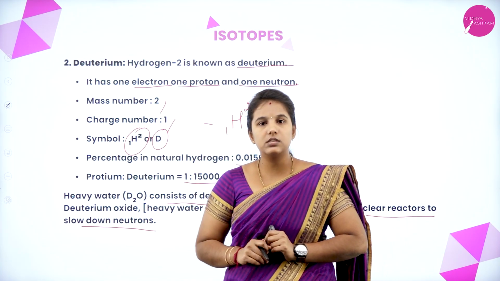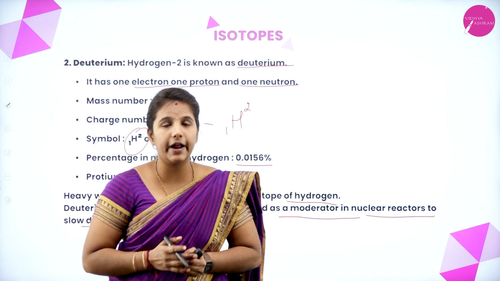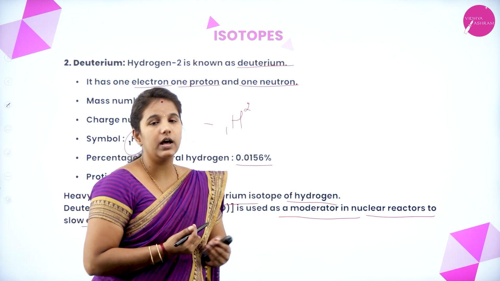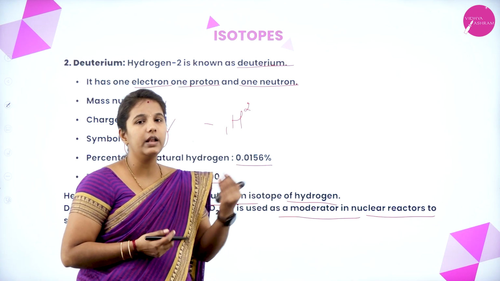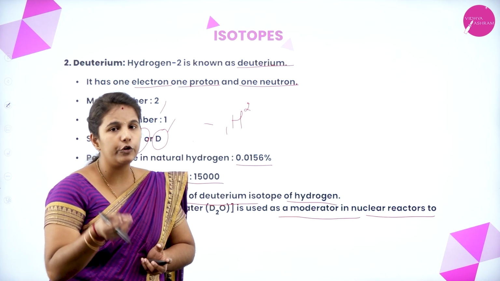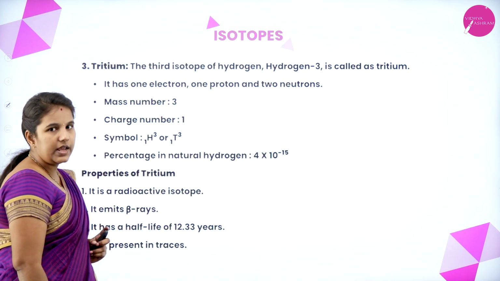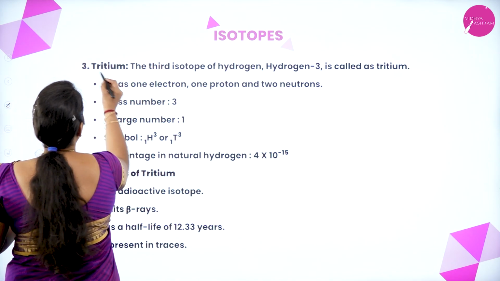So this is how the isotopes of hydrogen can be used in different forms. Deuterium is mainly used in the form of deuterium oxide, also known as heavy water.